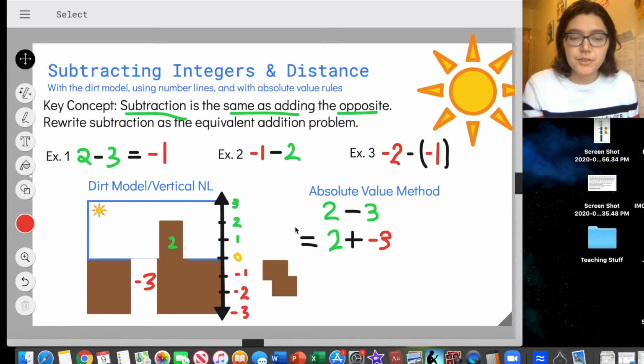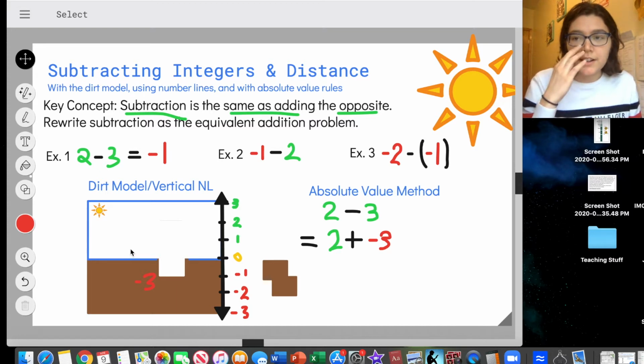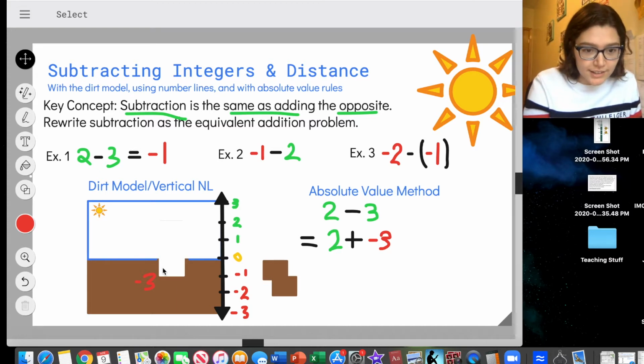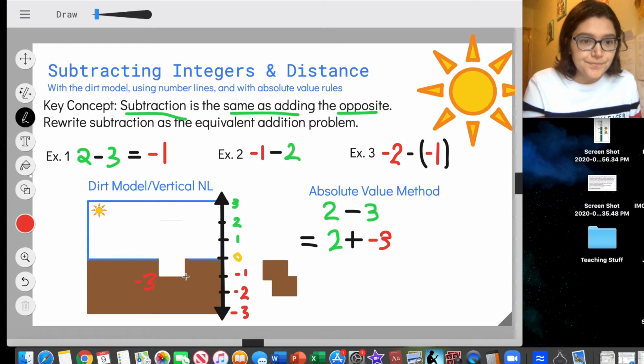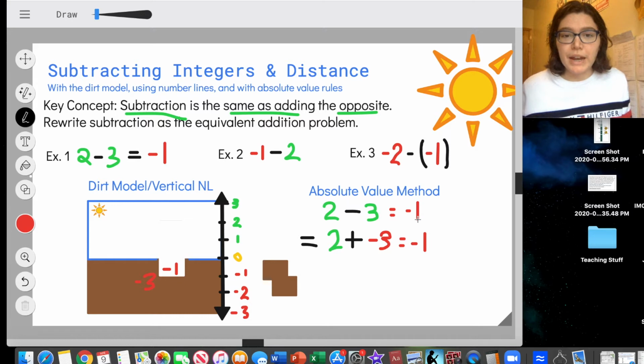I'm starting with 2, so I'll start there, and I'm going to move my negative 3, my hole in the ground, on top of my dirt that's 2 high. Now I don't have any dirt above the ground, and I just have a hole in the ground that again is 1 unit deep, meaning that this is also equal to negative 1. So that's one visual way of thinking about how it's the same.